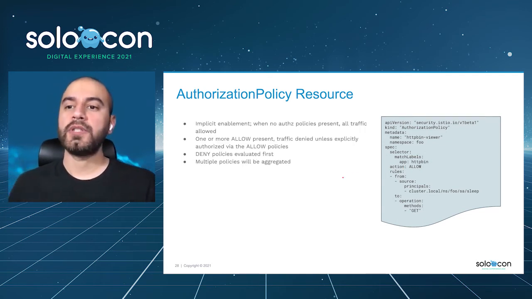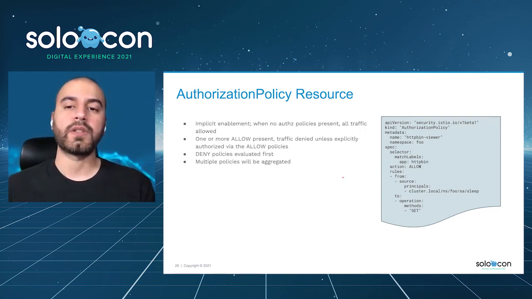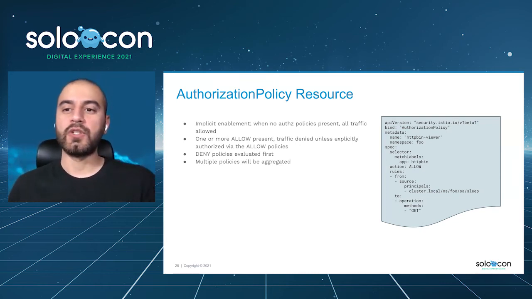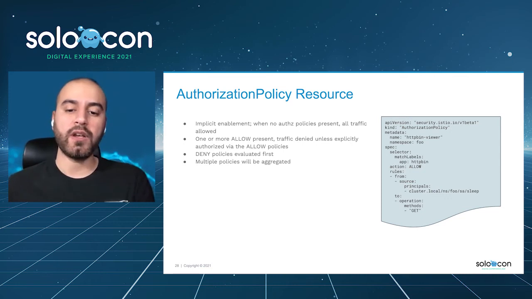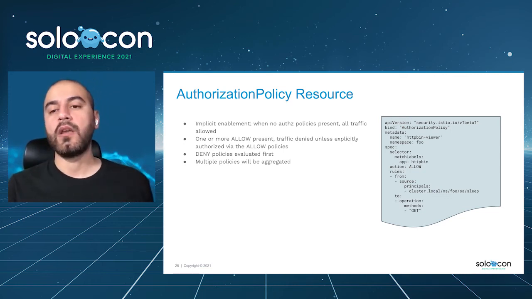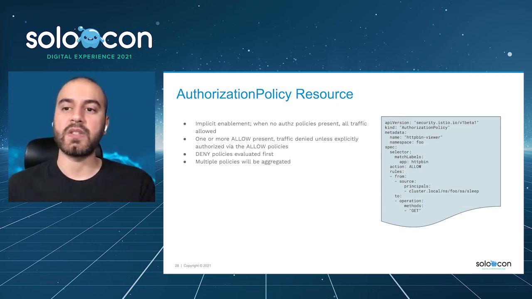The authorization policies work in a way that the documentation calls implicit enablement. So in other words, you don't have to do anything to start using them. When you don't have any authorization policies present, everything works normally, right? There's no access control going on. But once you create an authorization policy, then it starts working. Once you have an allow policy in place, everything that's not explicitly allowed gets denied.